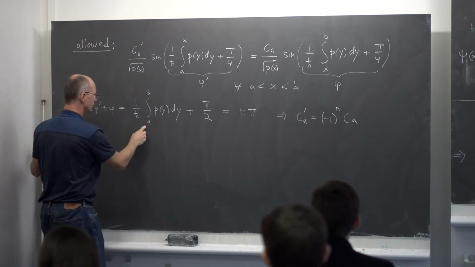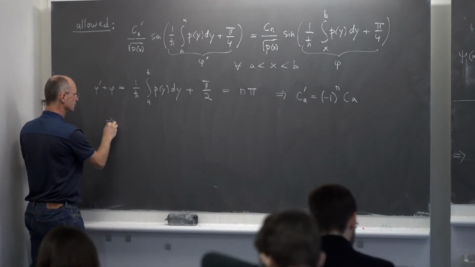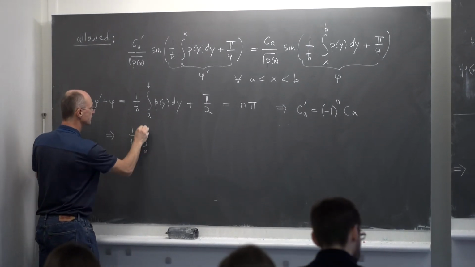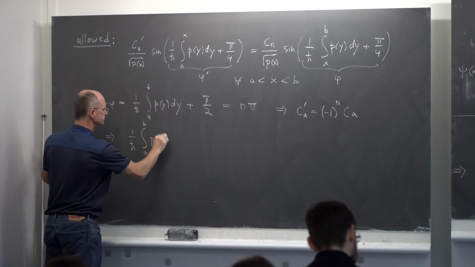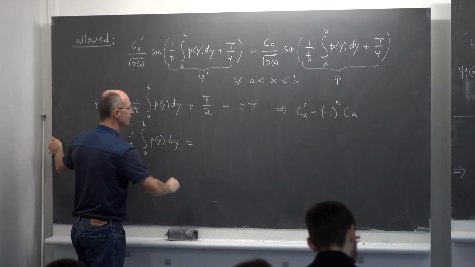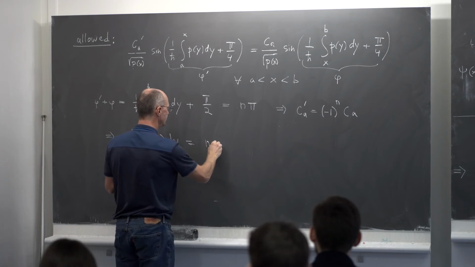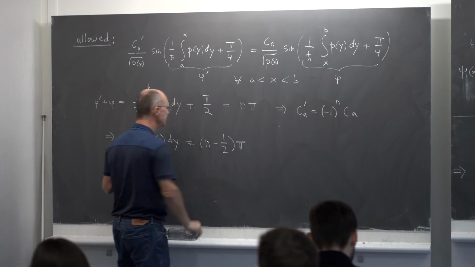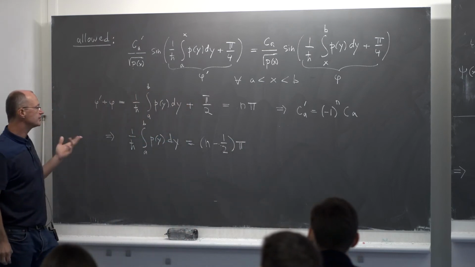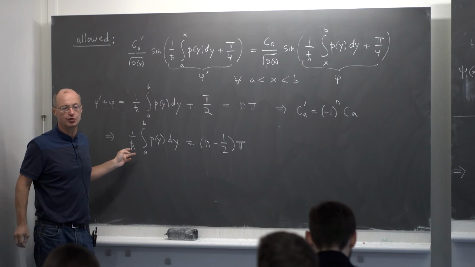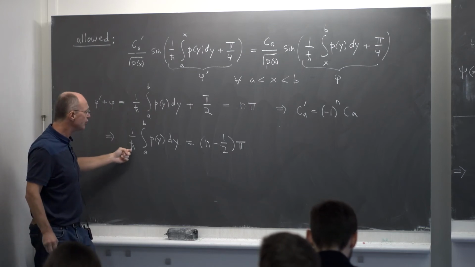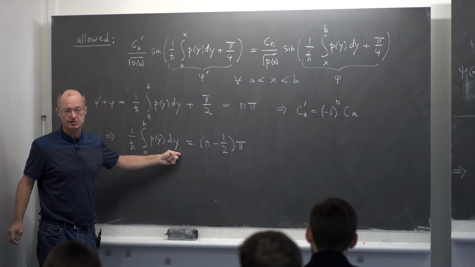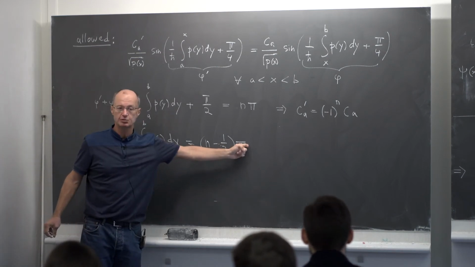All right, so this gives us 1 over h integral from a to b of p of y dy is equal to n minus 1/2 pi. And this is almost the condition that I had before in this theorem. The only thing is, if I choose p to be a positive square root, this is positive. So the right-hand side has to be positive.